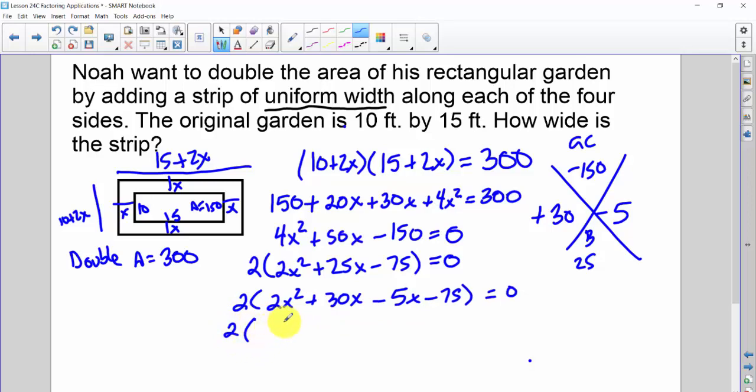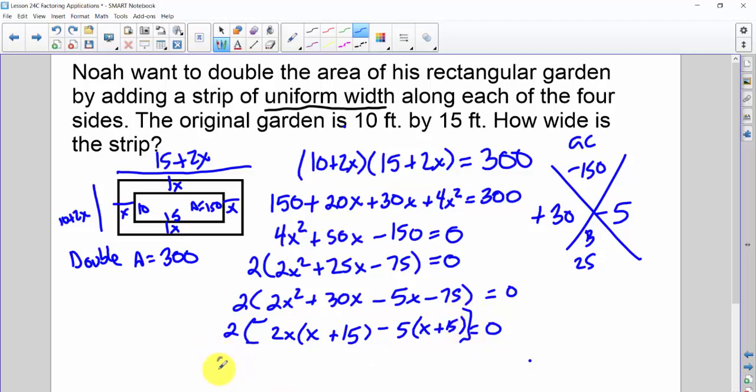Group these guys. That's going to go 2x, leaving me with that x plus 15. Factor out a negative 5, and that's x plus 15 is equal to 0.